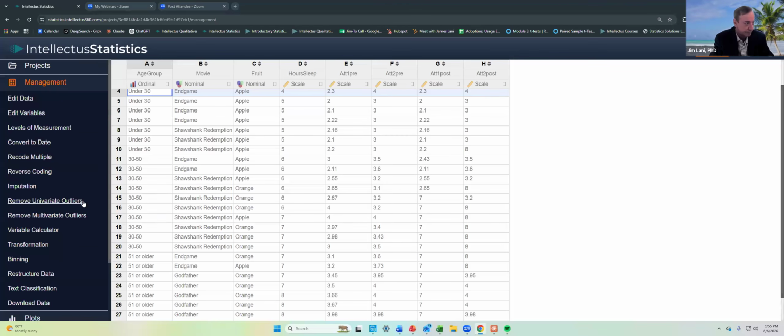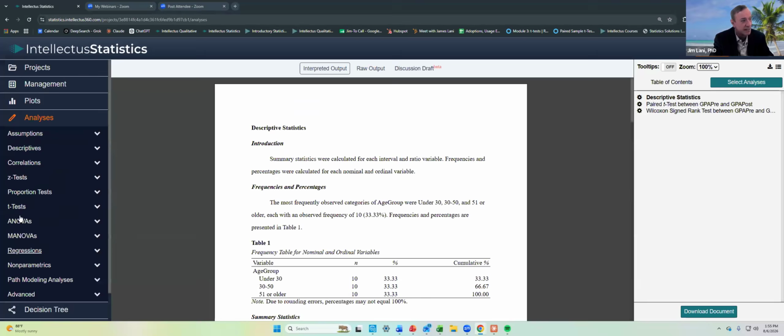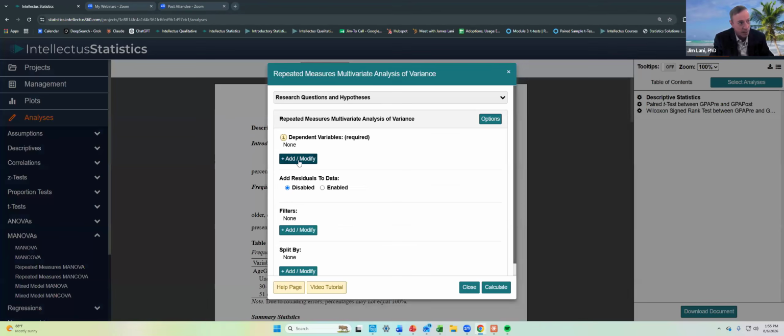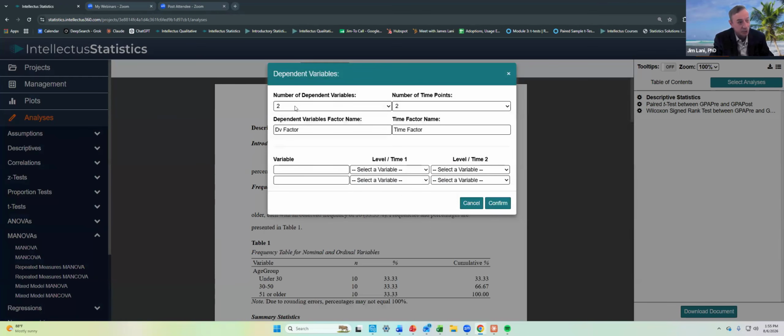The test at hand would be a repeated measures MANOVA, where I have two DVs measured at 2 time points: attitude 1 at pre, attitude 1 at post, attitude 2 at pre, attitude 2 at post.